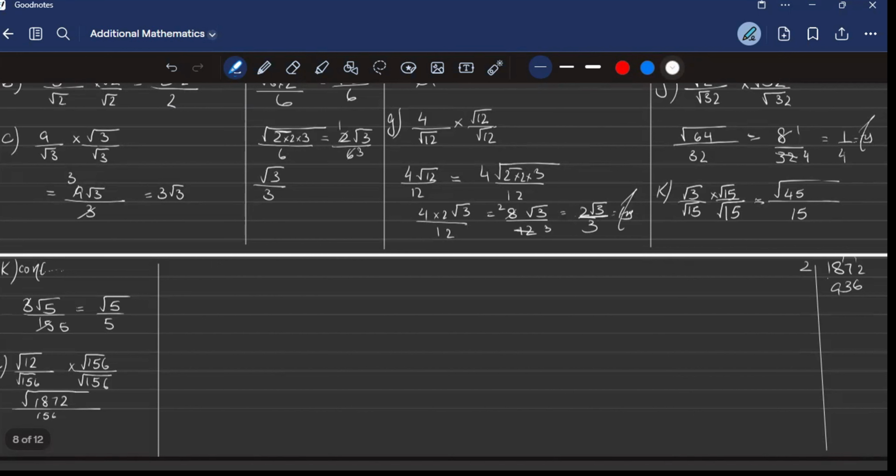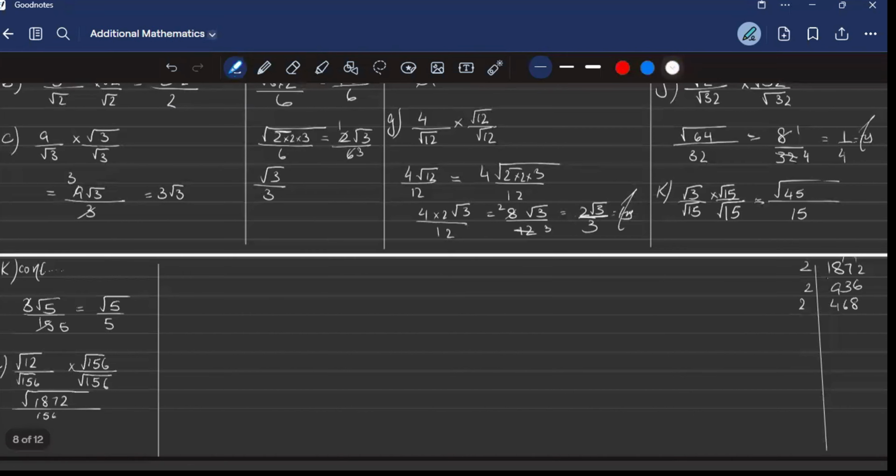Then we again divide by 2. 936 divided by 2 is 468.